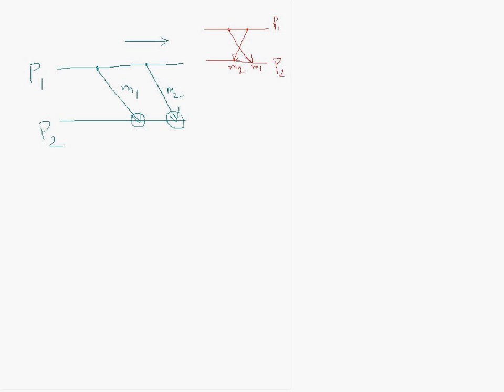So this example is a violation of causal order. M1 and M2, when they are received at P2, are not maintaining the right causality at the receiving side. Whereas here there is no violation of causal order, everything is all right, but here it is not so.